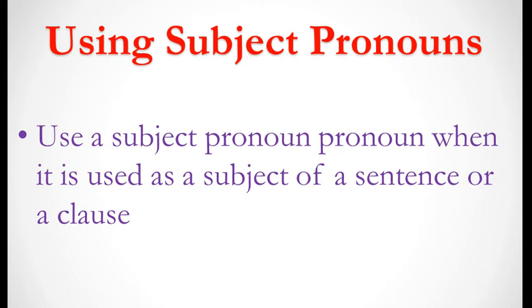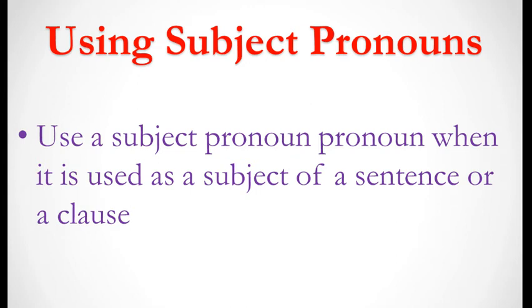So the sentence should have a subject, verb, and an object. So the subject pronoun is the pronoun that takes the place of the subject, or the performer in the sentence.